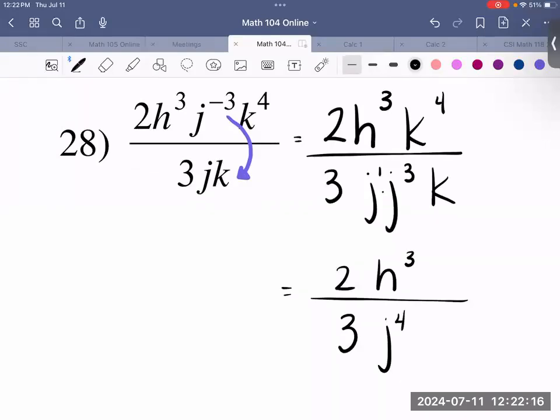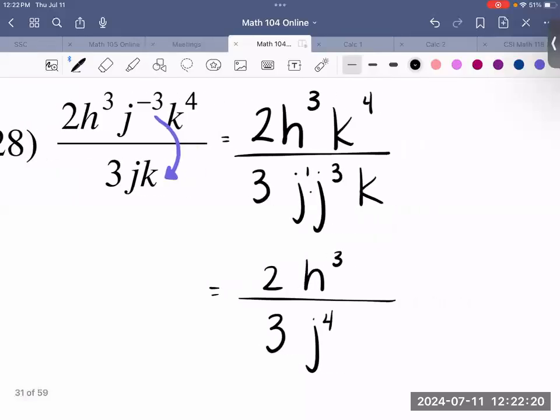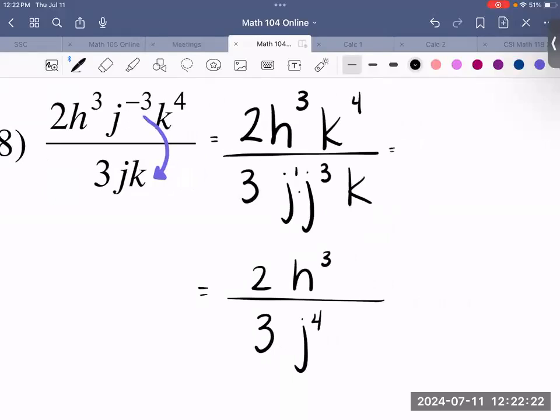Now let's take a look at these k's. This is the first time we're seeing a k above as well as below. Now, unlike what we do when they're next to each other, like these j's where we add their exponents, here we can do something different because it's being divided. The opposite of multiplication being division means that we're going to actually get to subtract these two exponents.